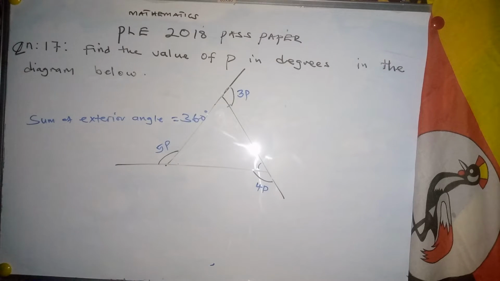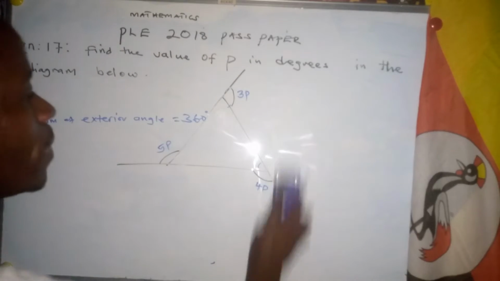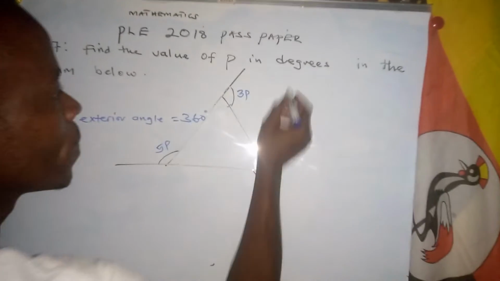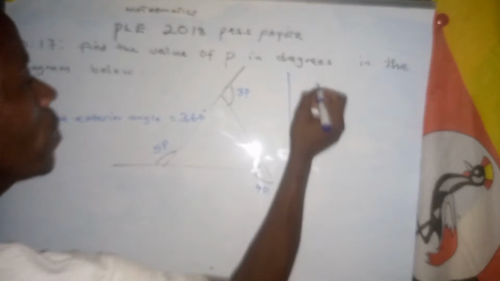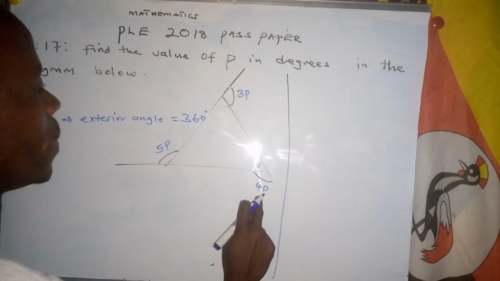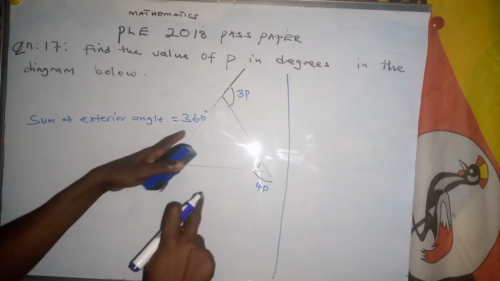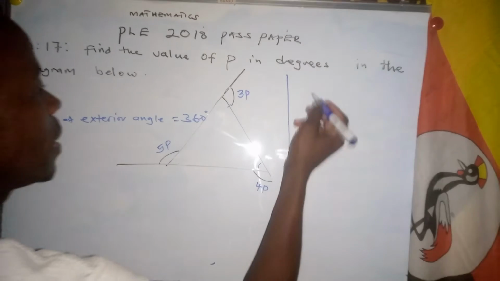Let us start the solution here. We're going to add 5p plus 3p plus 4p equals 360. Remember, the sum of exterior angles equals 360 degrees.